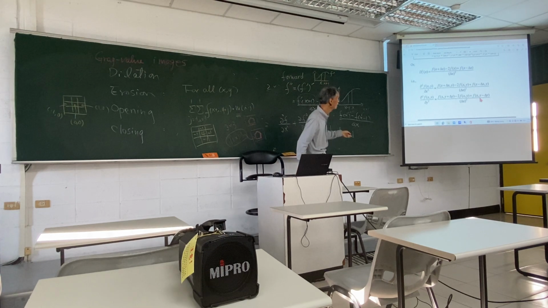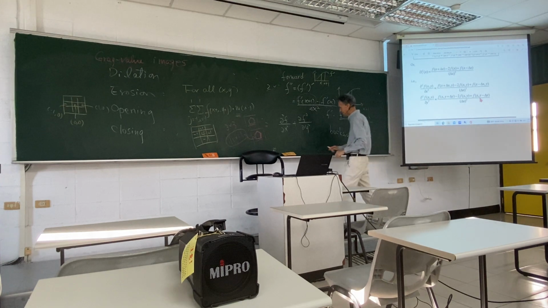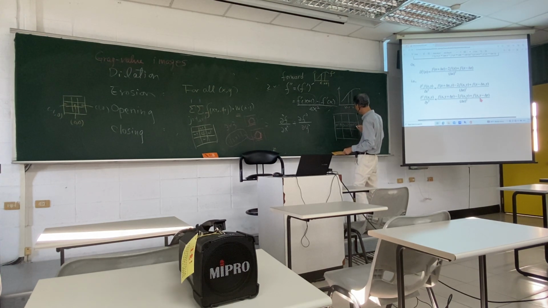So, x plus 1, y. Let me put it here. This is x, y, this is x minus 1, y, x plus 1, y, and x, y minus 1, x, y plus 1.